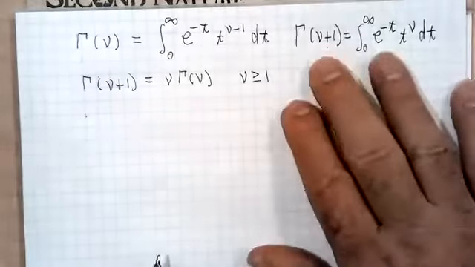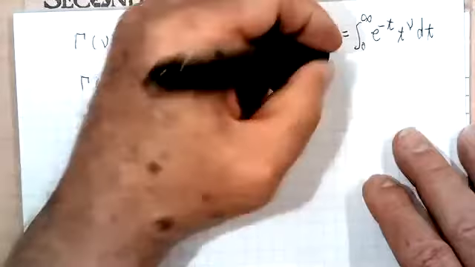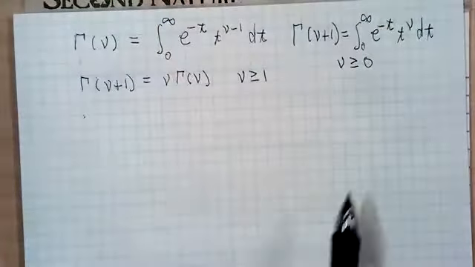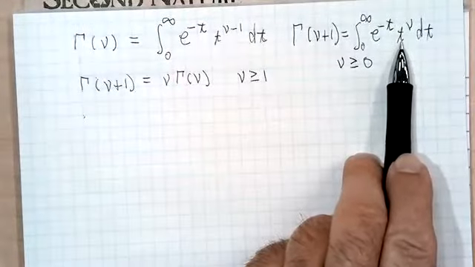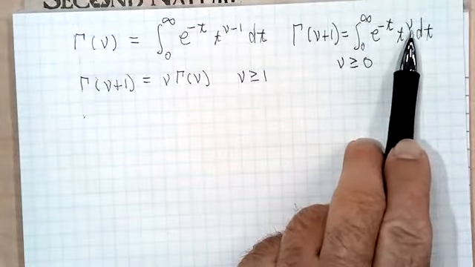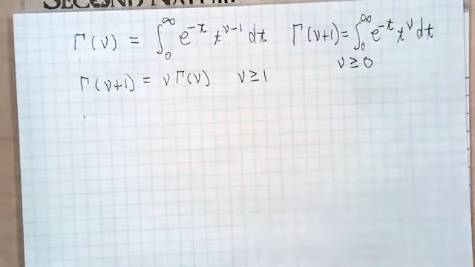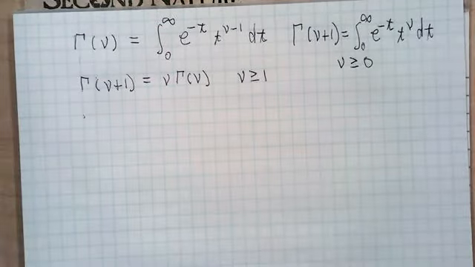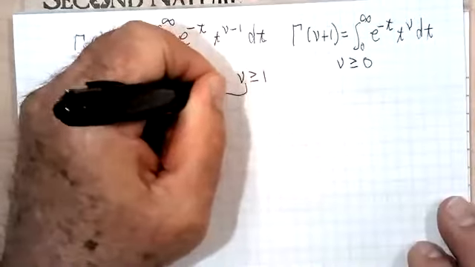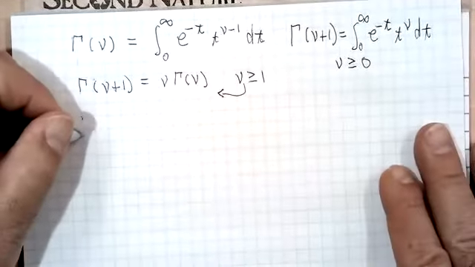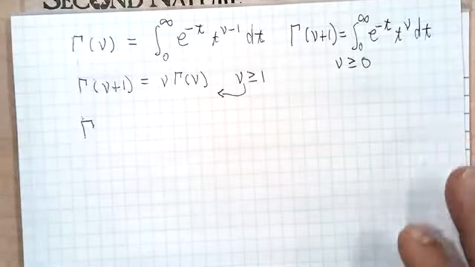And in this form, nu has to be at least 0. So the point is that inside the integral here, this t to some power, that power needs to be positive or 0. 0 would be fine, but not negative.